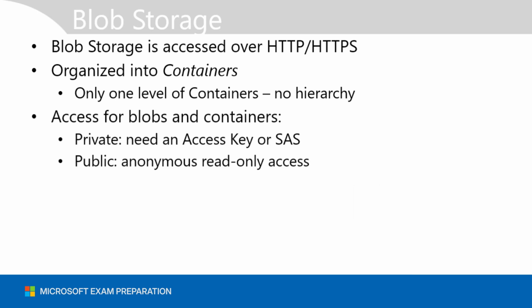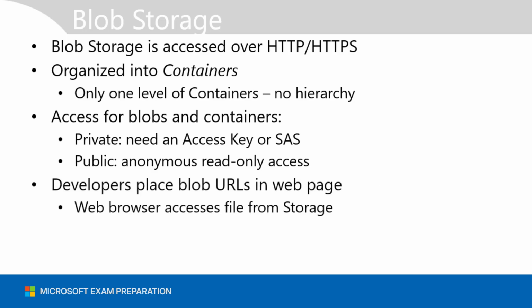When you access blobs and their containers, you can either set up private access, in which case an access key or a thing called a shared access signature is needed, or you can set up public access. Public access allows read-only access without logging in, so anonymous read access to blobs.